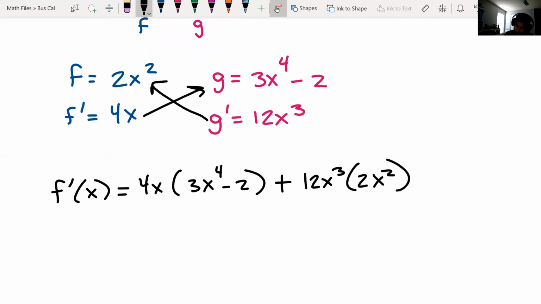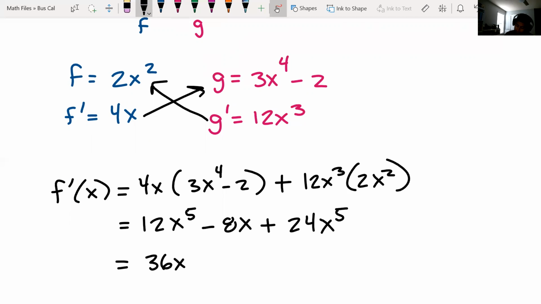We're going to distribute that 4x, and I'll get 12x to the fifth minus 8x plus 24x to the fifth. Combine like terms, and we will get 36x to the fifth minus 8x.